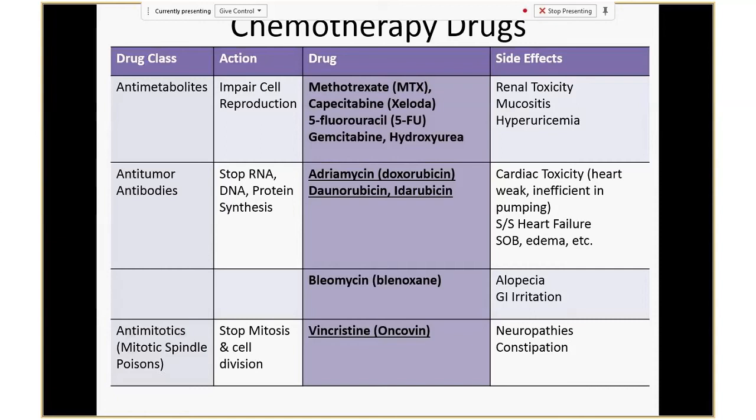For the test, I'm not going to require you to know the action or the drug class of each of these medications. I expect you to know, I would say, the top 5 side effects of chemotherapy drugs in general. So I'm not going to stress exactly all of these medications unless I start talking a lot about a certain one. But for the most part, I'm just going to focus on the side effects.